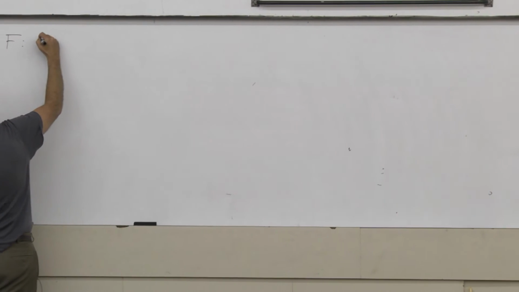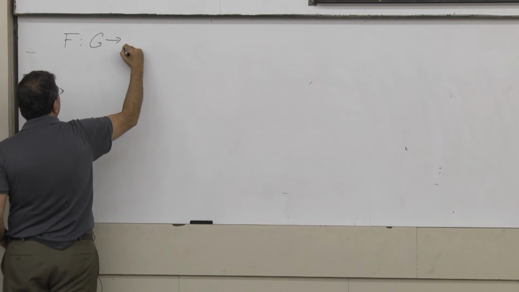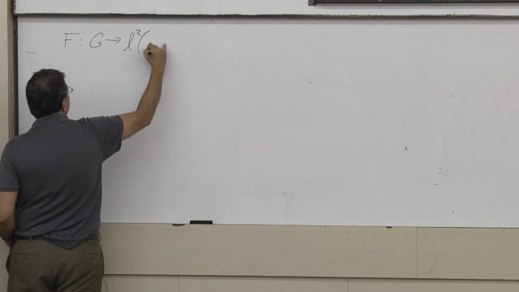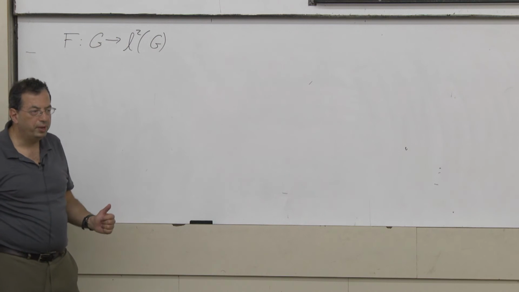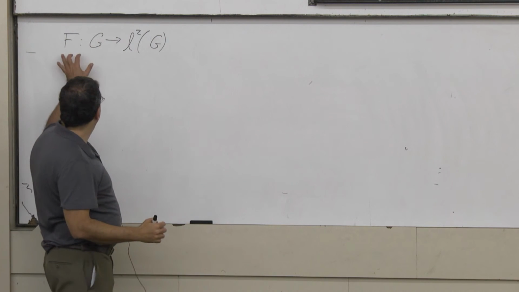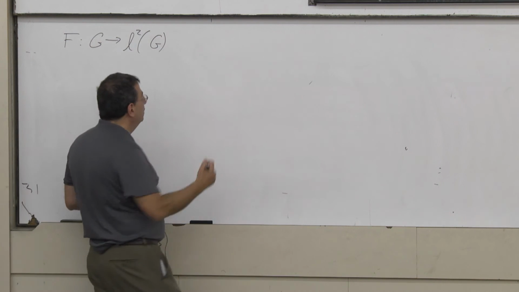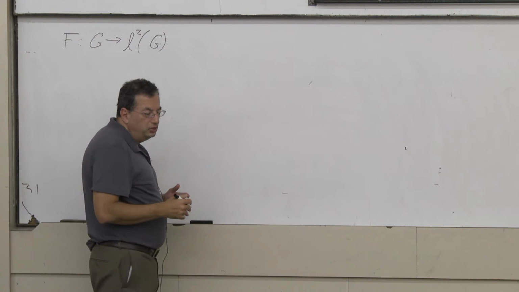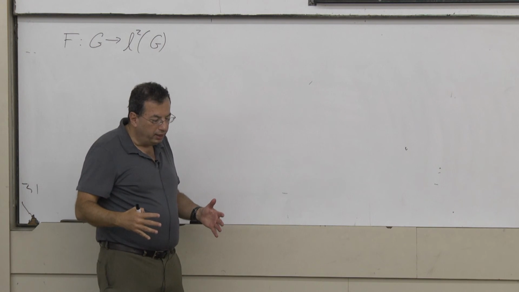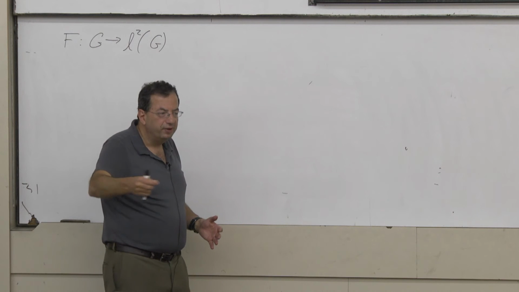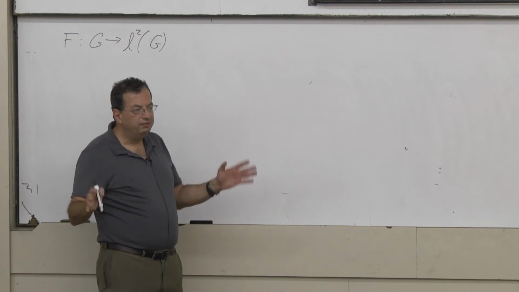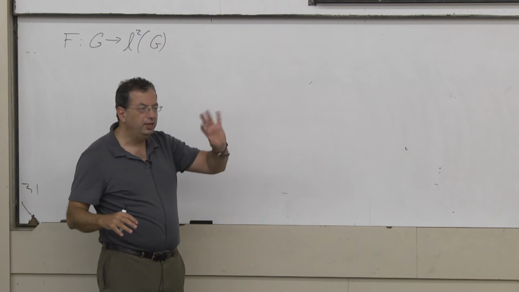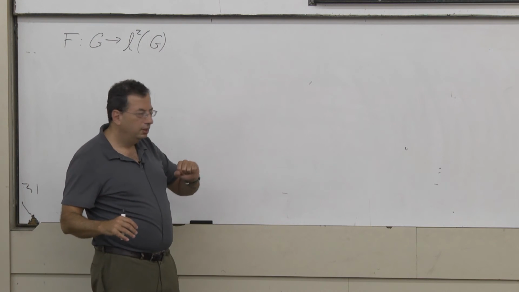So how we're going to embed, we're going to take a function capital F from G to the Hilbert space L2 of G. Again, for the finite case, this is just Euclidean space. And so what is the embedding capital F? I said it's a spectral embedding. And in general, a spectral embedding is obtained by applying different eigenfunctions to every element. Here we're just going to choose not all eigenfunctions, just those that are obtained by spinning around this top eigenfunction, little f.